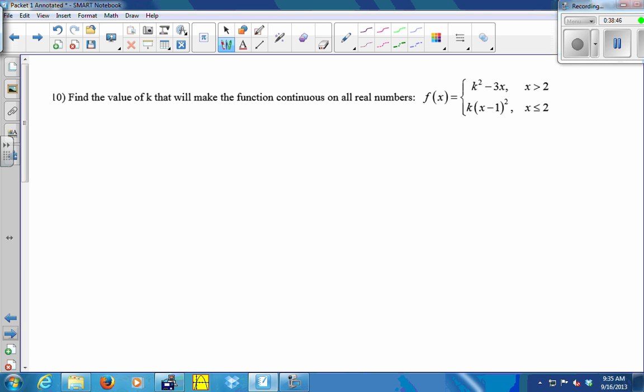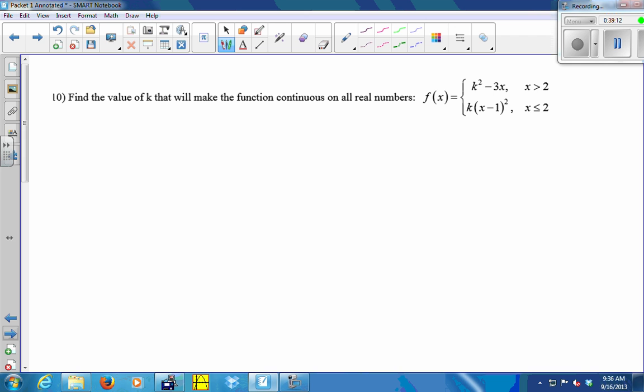Okay, so here's a nice piecewise function, and we want to make sure that it's continuous on all real numbers. We want to find the value of k that will make it continuous. So no matter what I make k, the first piece is going to be k squared minus 3x. It's just some number minus 3x, which is going to look like what?